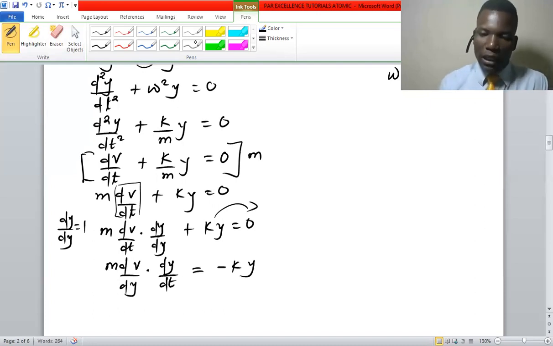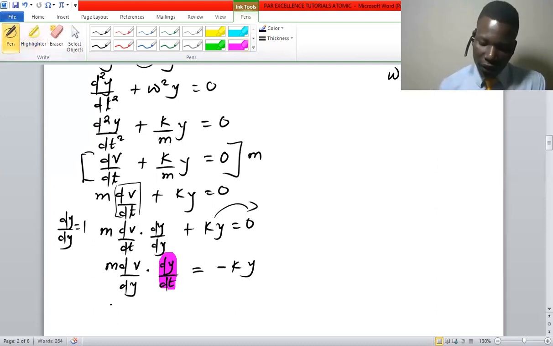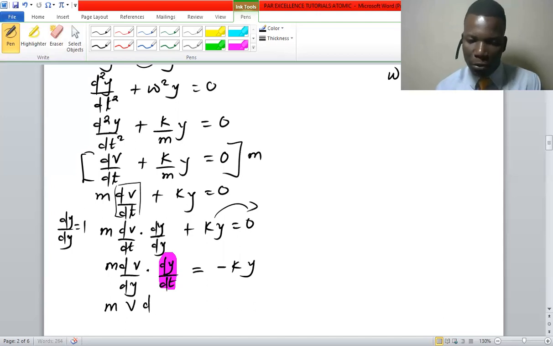When you look at this, what comes into your mind? This is actually velocity. So this equation is going to look like m v dv by dy being equal to negative ky.